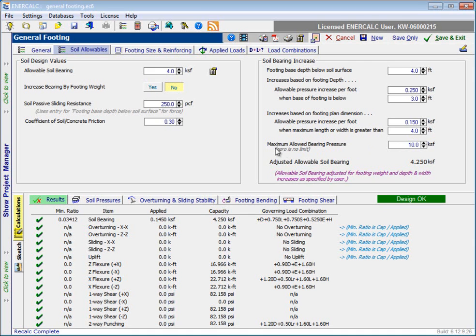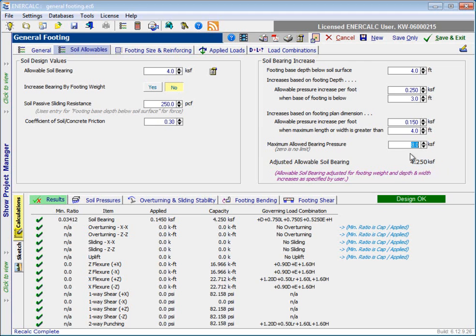The other thing that I would point out is that you do have the ability to set an upper limit or an absolute maximum allowed bearing pressure so that these things can't accumulate to something that is greater than some safe value. So for instance, that might take on a value of 8 KSF, we'll say.